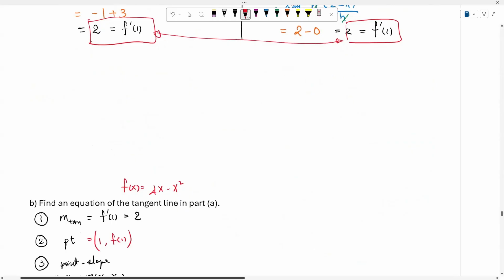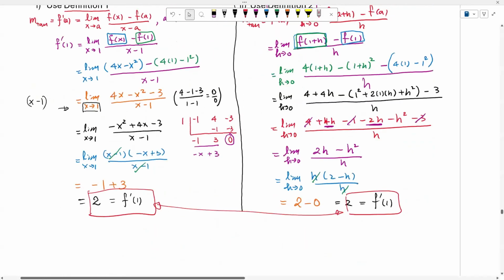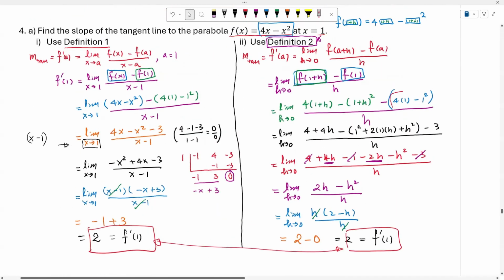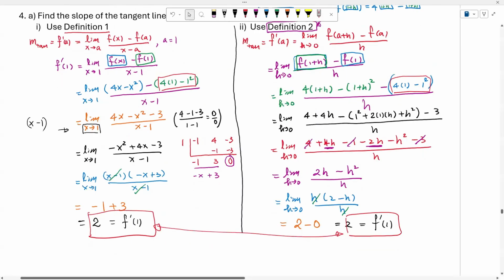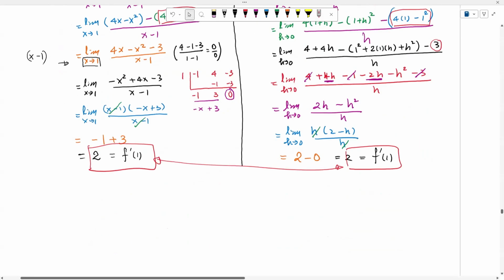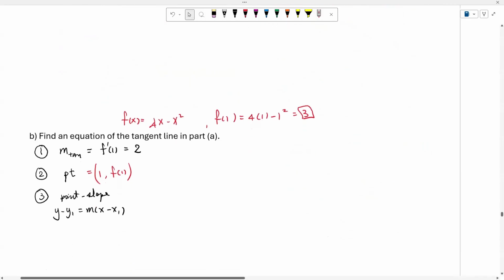So in this case, f of 1 is 4 times 1 minus 1 squared, which is 3. So in this case, I have the point (1, 3).